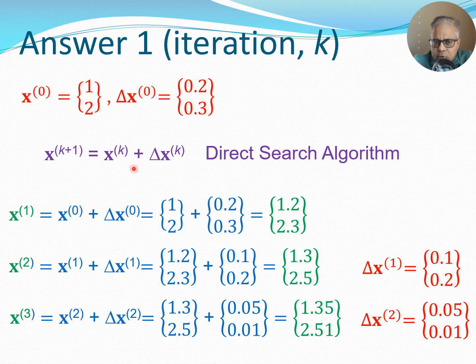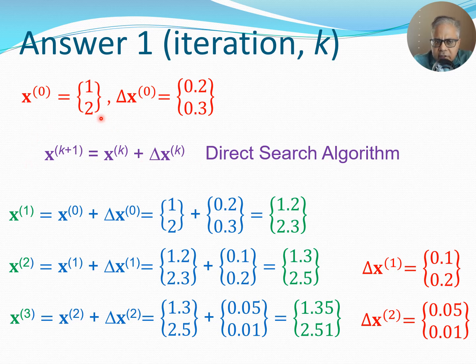What happens is that you are at some point xk, you go to the next point xk plus 1, and this step you take, the delta xk, is something which has to be calculated by the algorithm. You will see that there are different methods about how this can be calculated, but the fundamental premise of these algorithms is essentially dictated by this very simple rule.